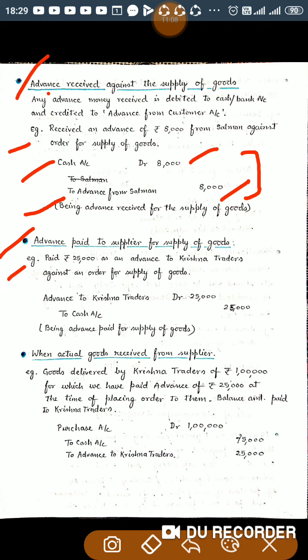For example, I have taken: paid rupees 25,000 as an advance to Krishna Traders against an order for supply of goods. In this transaction, two accounts are involved: advance to Krishna Traders, and at the same time cash is going out. If you use the modern rule, Krishna Traders is our debtor, because he is receiving advance from us, and in future he will provide services to us.